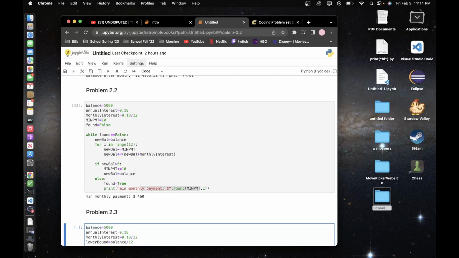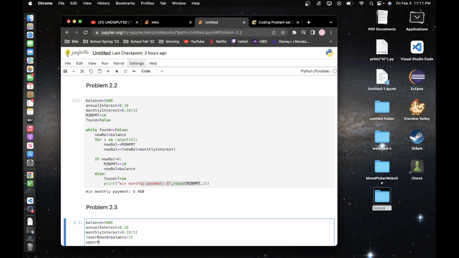So we're taking the balance divided by 12, and the upper bound was the balance times the interest compounded monthly for a year.